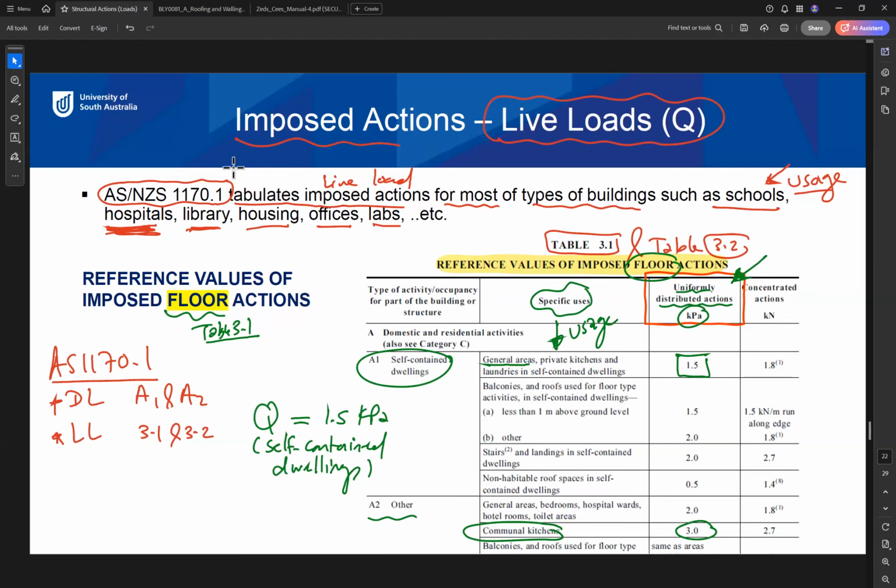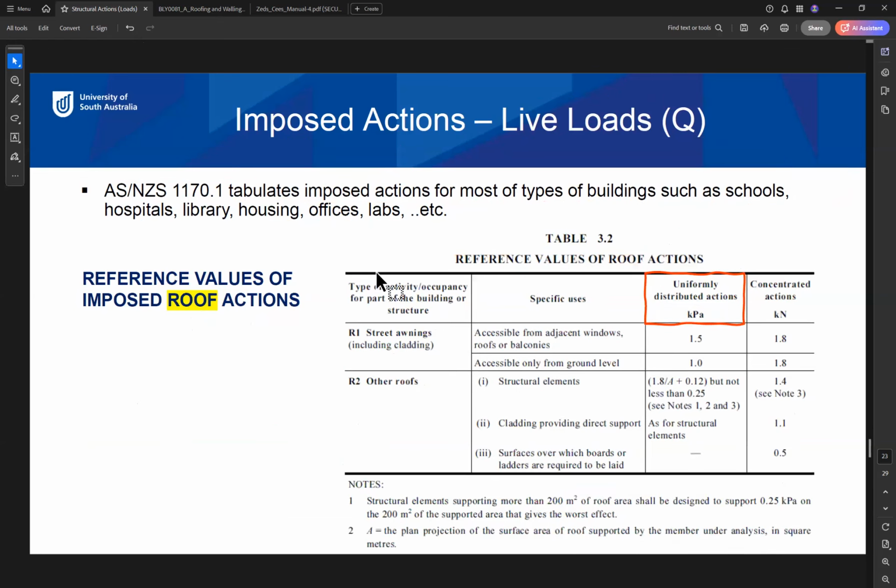So the live load is very simple compared to the dead load because it is directly from the standard based on the use of the building. Okay, so this was for roof, sorry, for floor.